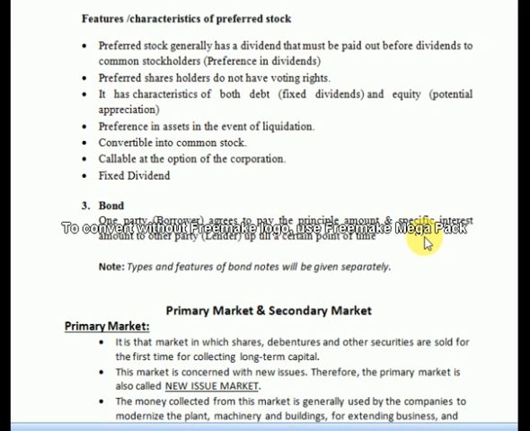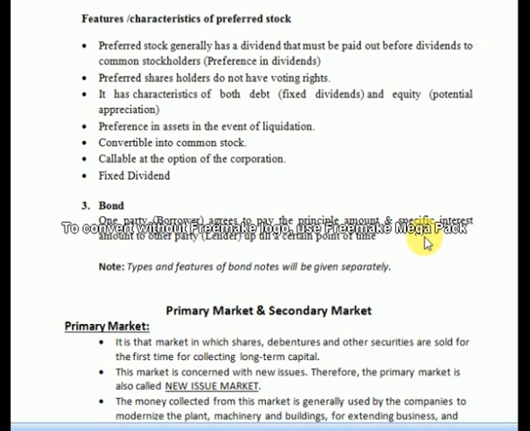So callable at the option of the corporation means preferred stock should be redeemable at the wish of the company, not at the wish of the investors.